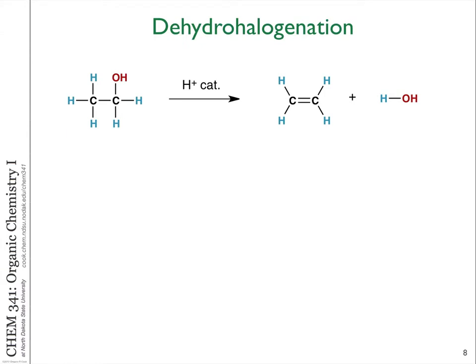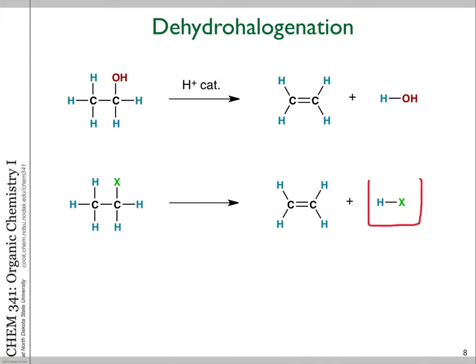Now, this elimination reaction can be done under other kinds of conditions besides just loss of water. So we've been talking a lot about the acid-catalyzed dehydration, loss of H and OH to produce water as a byproduct. This could also be done to eliminate a molecule of HX, hydrogen halides.